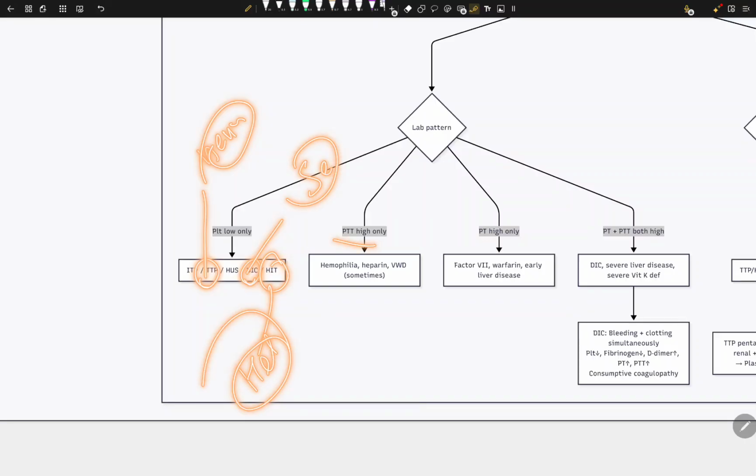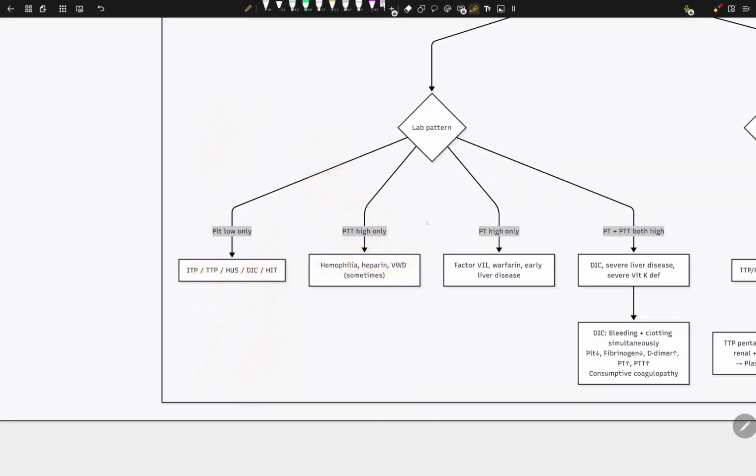Okay. If PTT is high only, we have hemophilia, heparin, von Willebrand disease, right? Because von Willebrand actually stabilizes what? Factor 8. So PTT goes up and bleeding time goes up. Both of them go up.